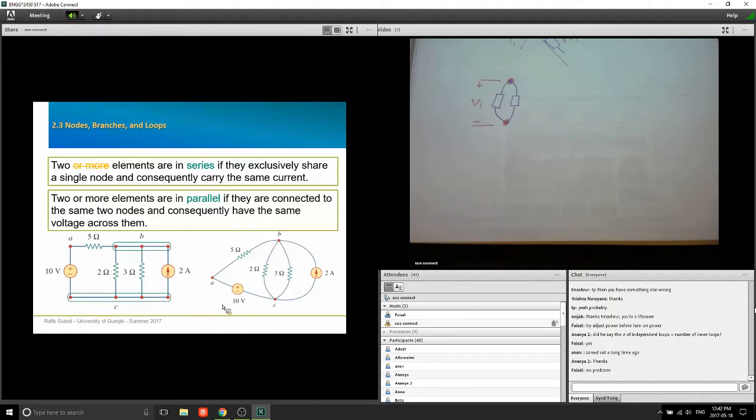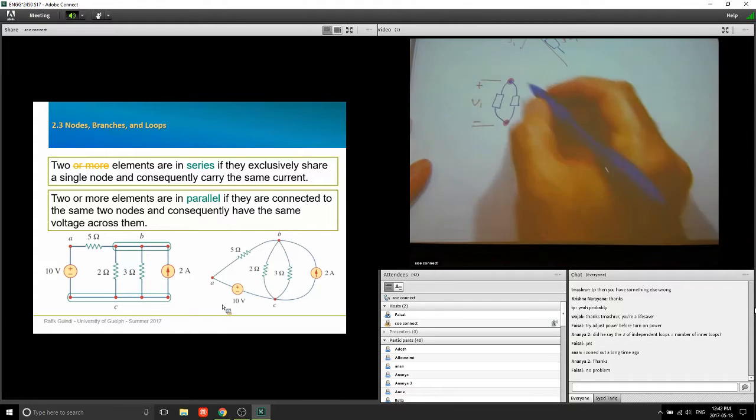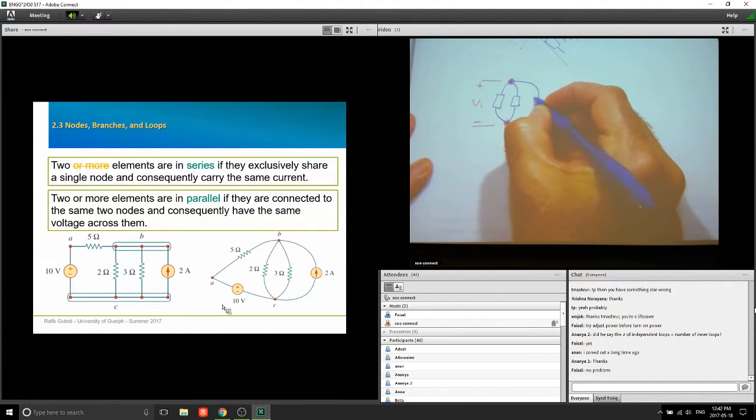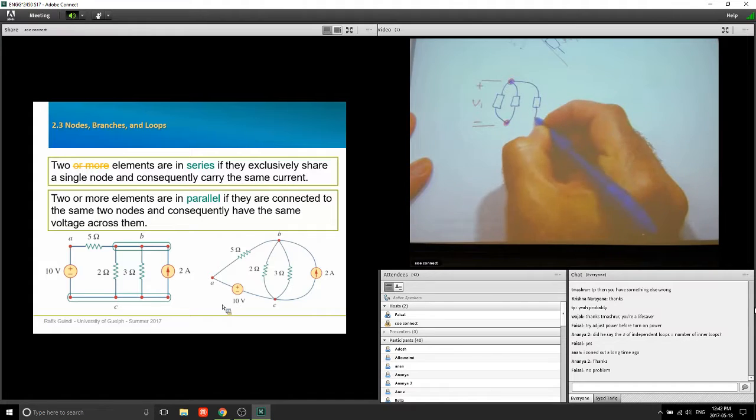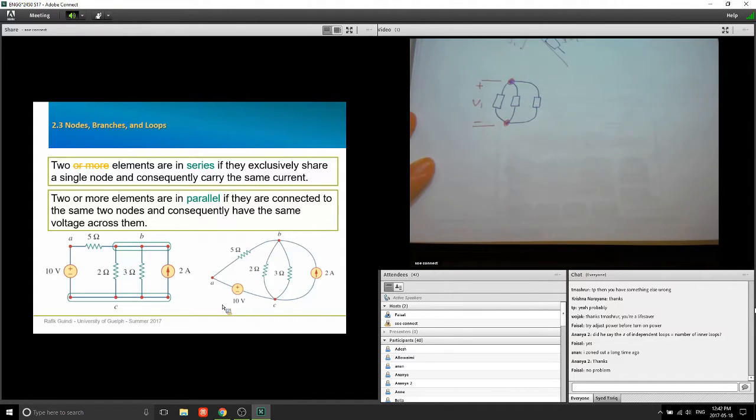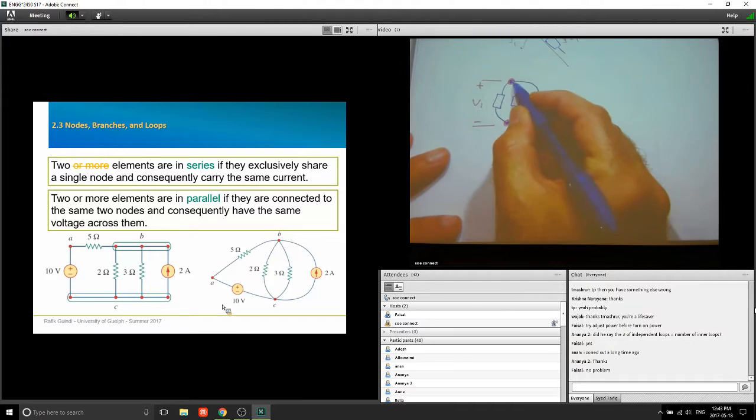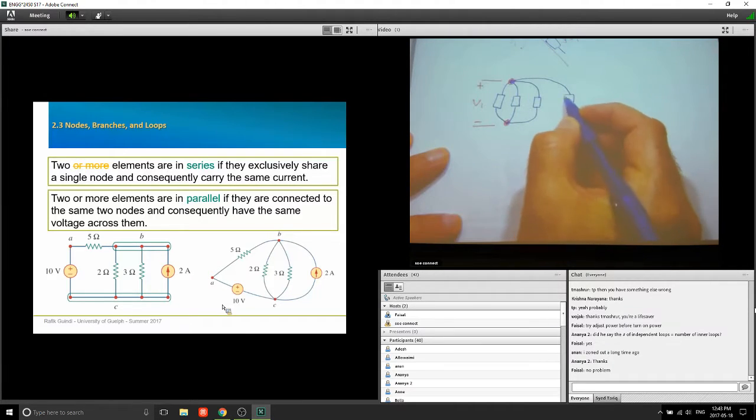Now, can I have more than 2 elements that have this characteristic? Let's say I'm going to connect another one like that. This third element is in parallel with the first 2. No issues here. And more. You can put as many as you want.